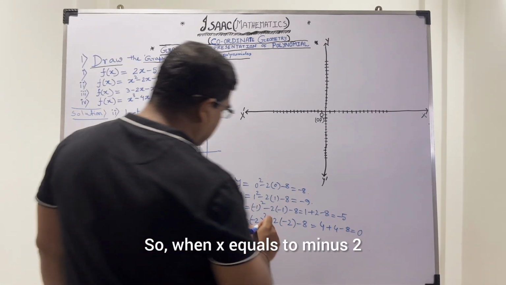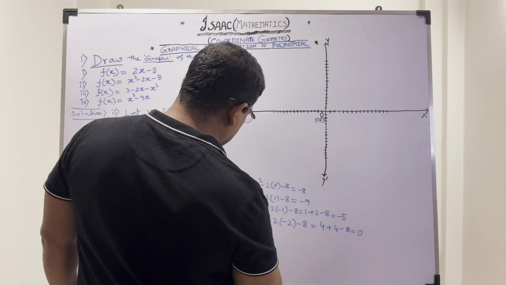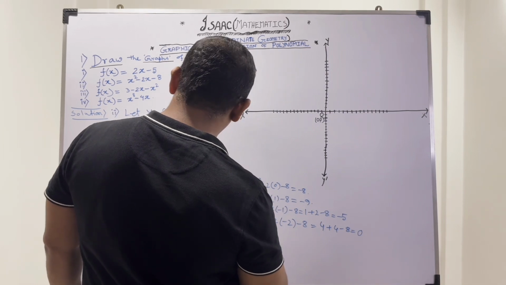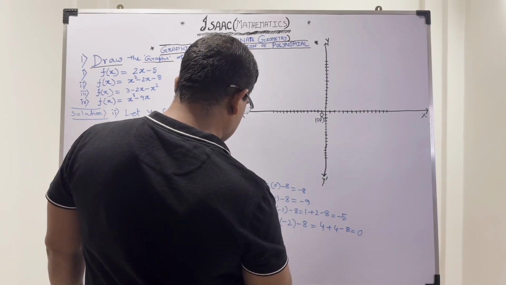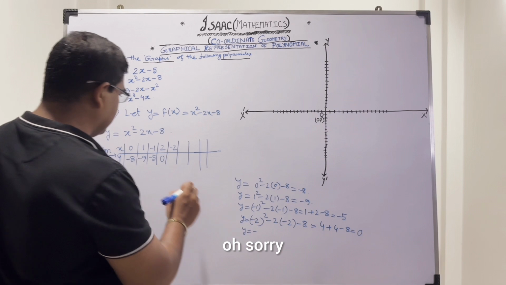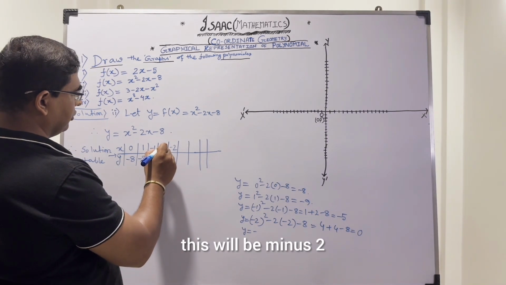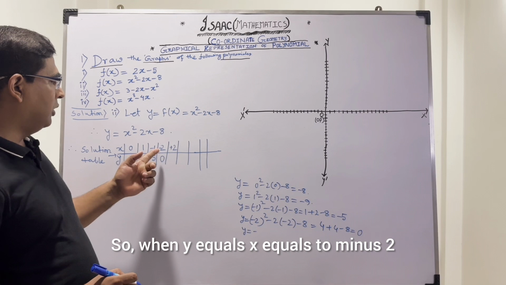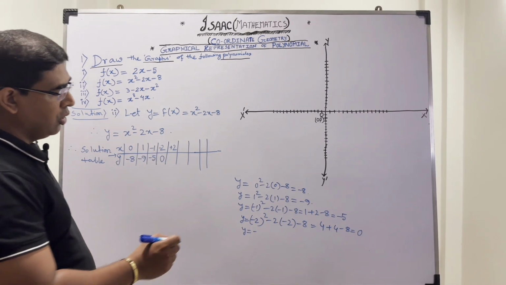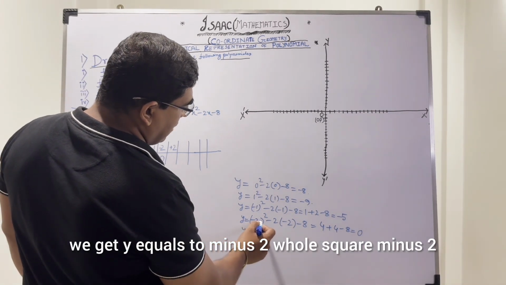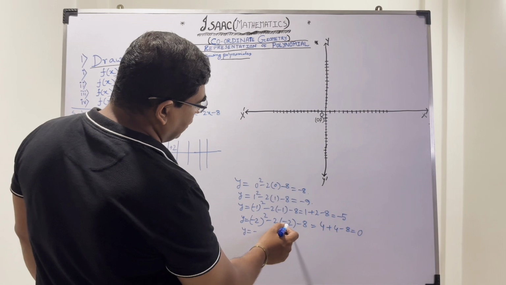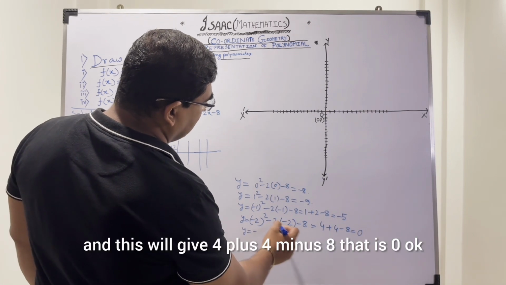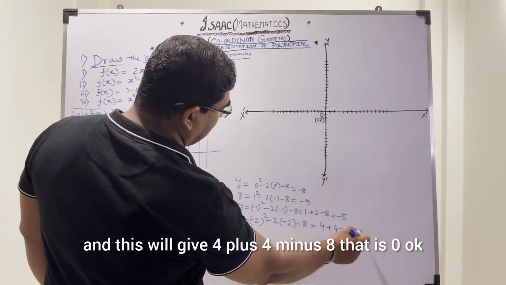Oh sorry, this will be minus 2 and this will be plus 2. So when x equals to minus 2, we get y equals to minus 2 whole square minus 2 into minus 2 minus 8, and this will give 4 plus 4 minus 8, that is 0.